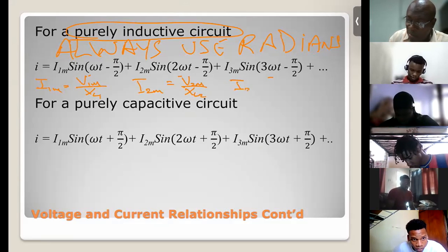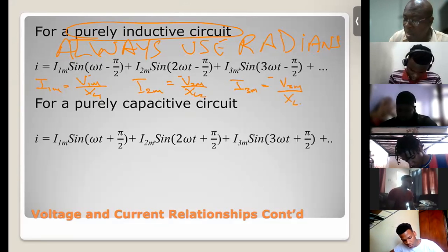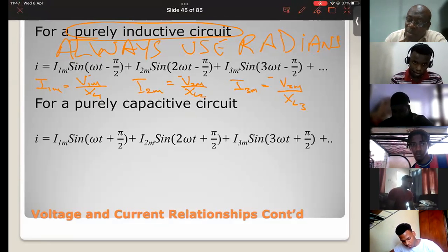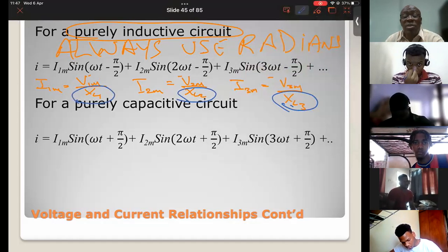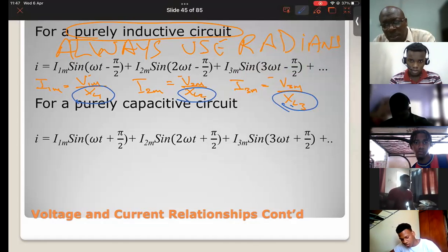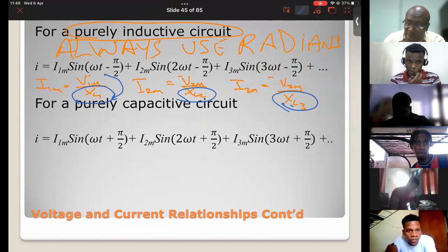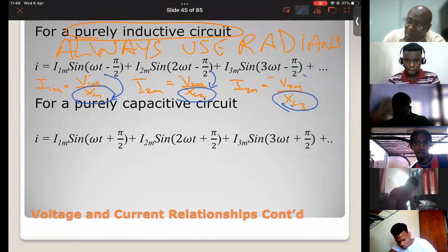And I3M is going to be equal to V3M over XL3, simply because the inductive reactance will change based on the individual frequencies. So for the fundamental, I'm gonna get an inductive reactance of XL1. For the second harmonic, I'm gonna get a reactance of XL2. And for the third harmonic, I'm gonna get an inductive reactance of XL3.